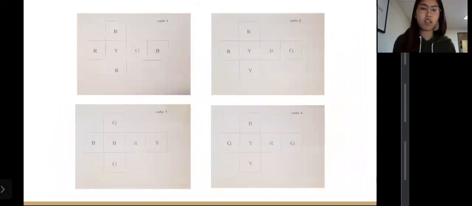These are the cubes that I used for the rest of the project. I found these and they're just easy to use. So I have cube 1, cube 2, cube 3, and cube 4.